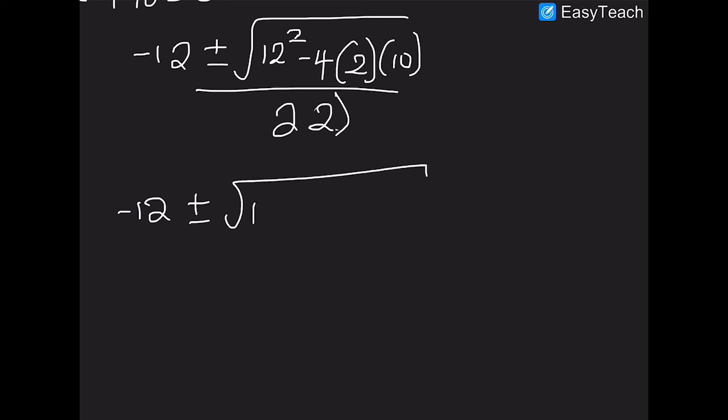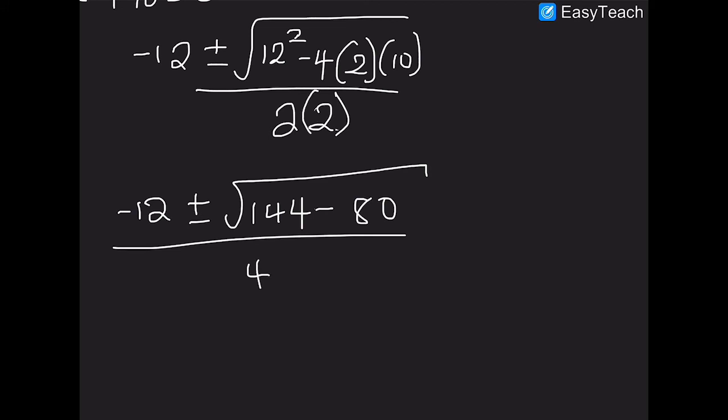12 times 12 is 144. We're going to take away 20 times 4, which is 80. Again, everything is all over 4, right? 2 times 2.